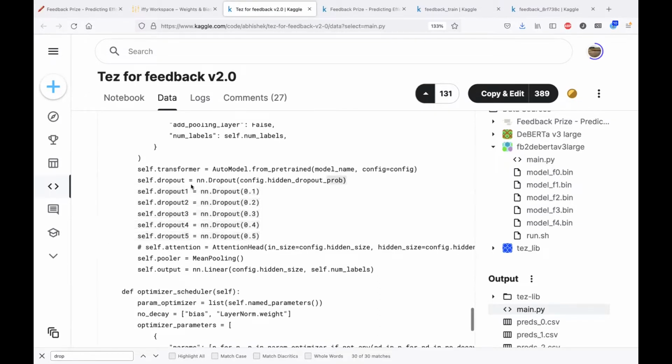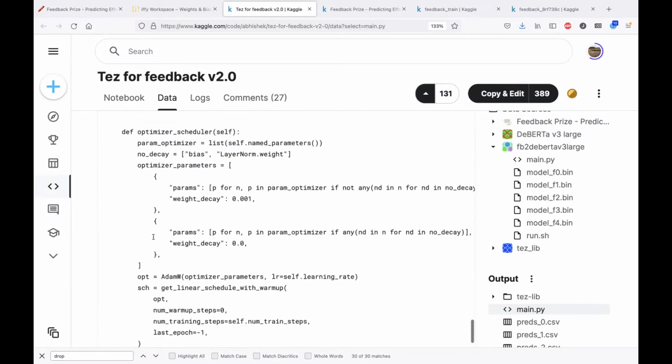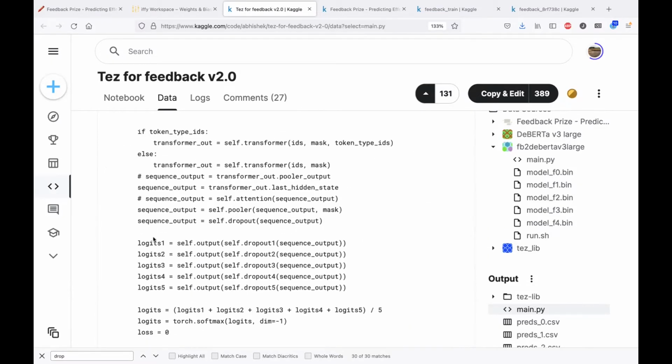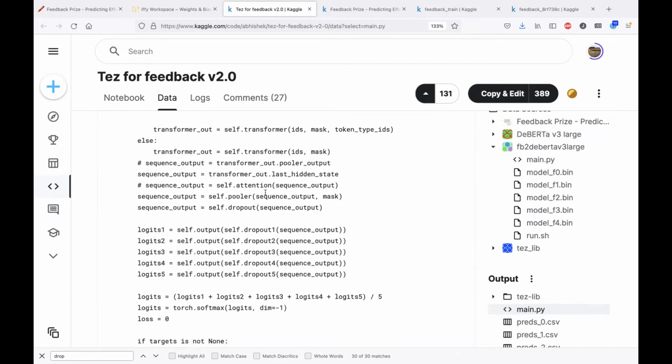But he also has this additional dropout, which he applies before these 5 dropout branches. As you can see here, sorry, what is TEZ here? TEZ, I think TEZ is a package by Abhishek. It's just his own framework for PyTorch, basically. I guess you can think of it as like Fast AI or PyTorch Lightning.